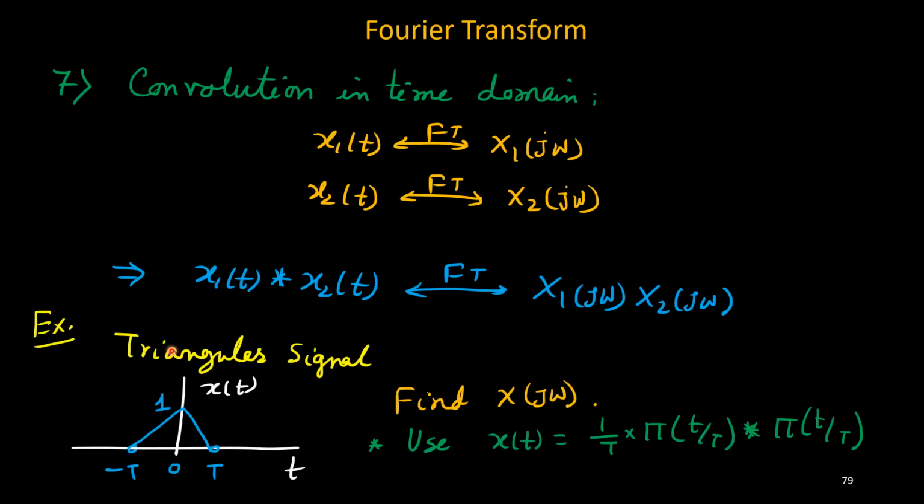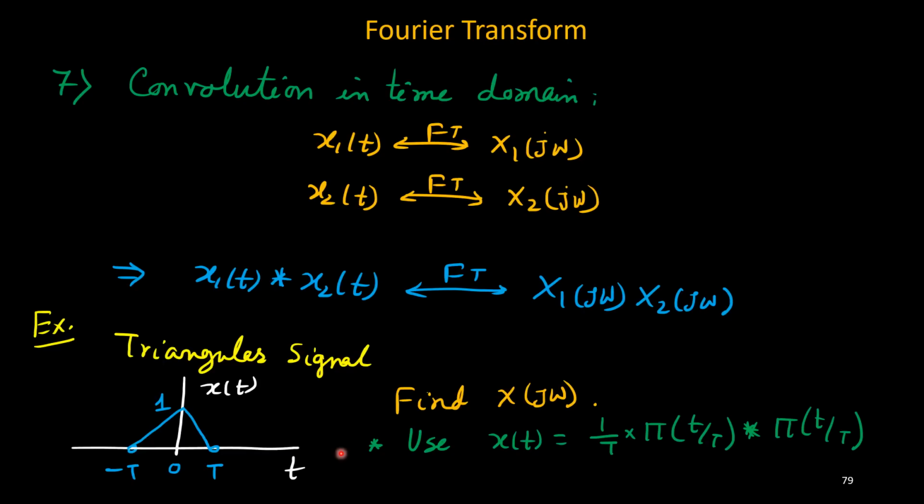One more example: we can also find the Fourier transform of certain other signals. Suppose I have one triangular signal like this, from minus T to plus T. From minus T it is growing to reach 1 at 0, then again it is decreasing, becoming 0 at capital T, then remaining 0. This is your triangular signal, and we are interested in finding its Fourier transform.